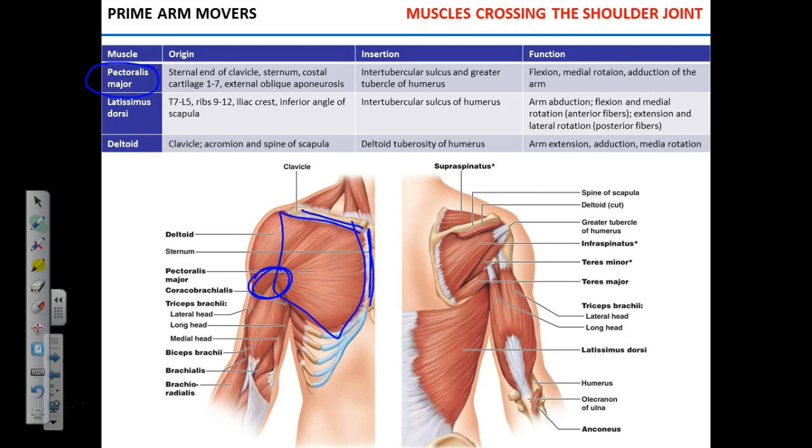So when you contract this muscle, the main function is flexion of the shoulder. This. Does that make sense? Flexion of the shoulder. That's pectoralis major.